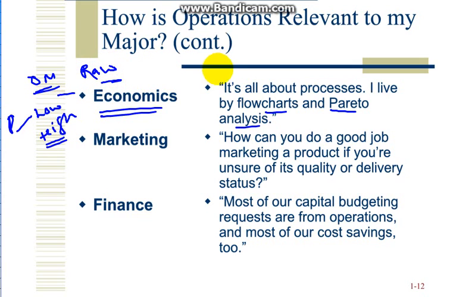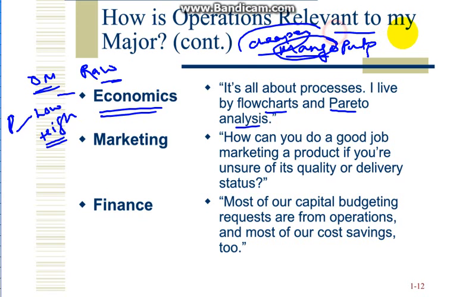For example, if you make a product of mango pulp, it is very important to know the economics of when the mango is going to be available in the market at a cheaper rate, so that after squeezing it, the pulp is created, the juice can be made, and it can be sold in the market by packaging it. So all the economics of the market need to be understood by the operations manager also.